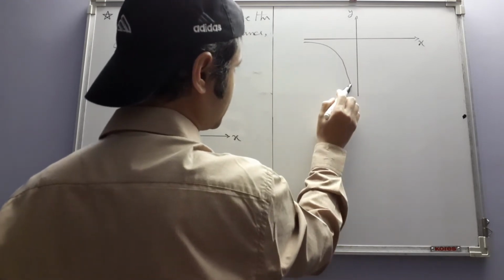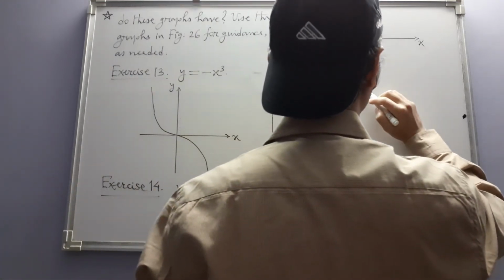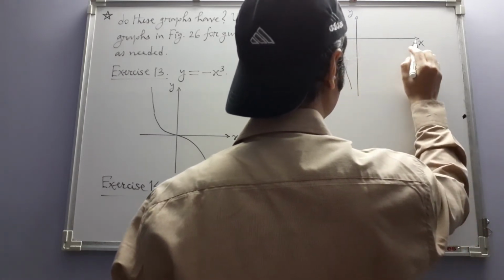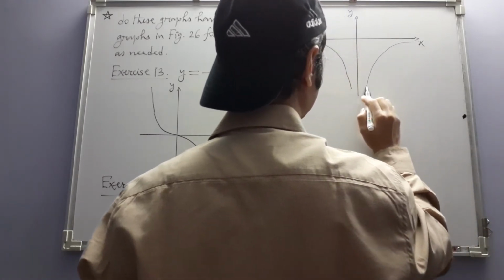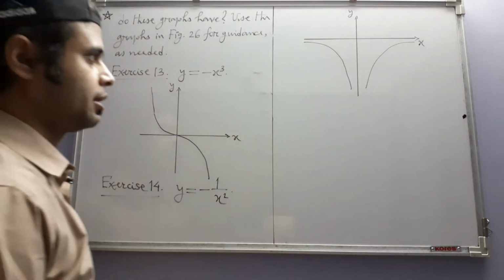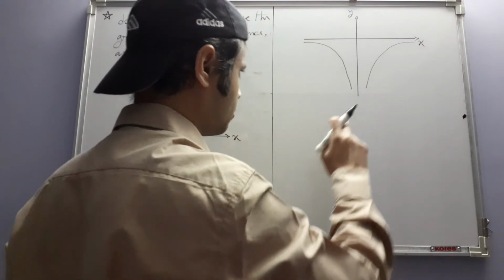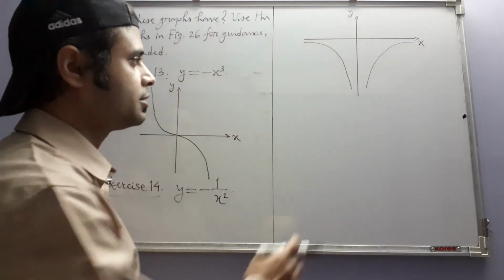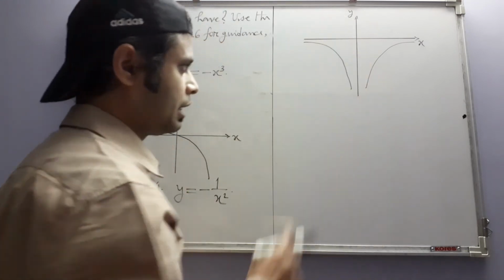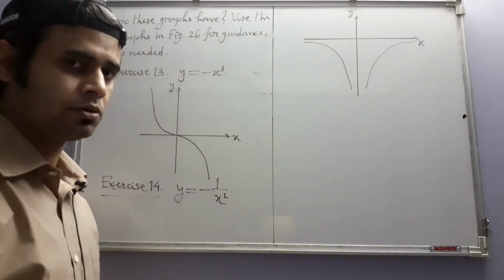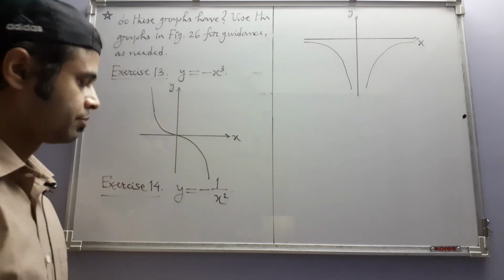So here the graph has two parts. It's not in one piece. Okay, and that is because no part of this graph, it's broken into two parts, can touch the y-axis because of the lack of the point x equal to 0 in the domain of this function.